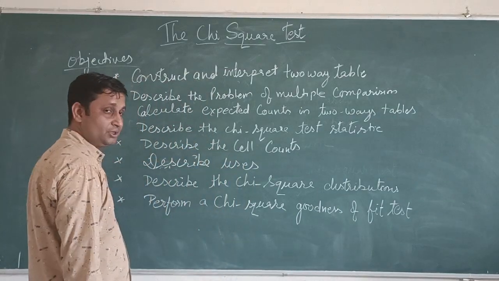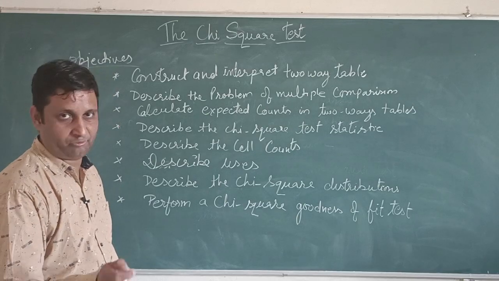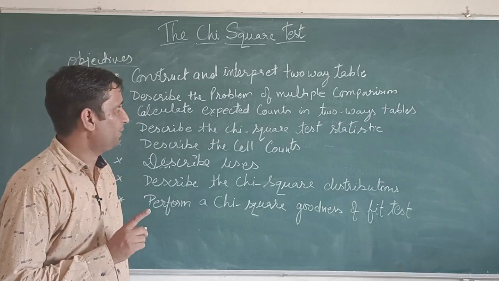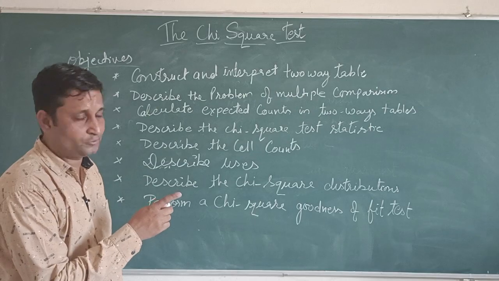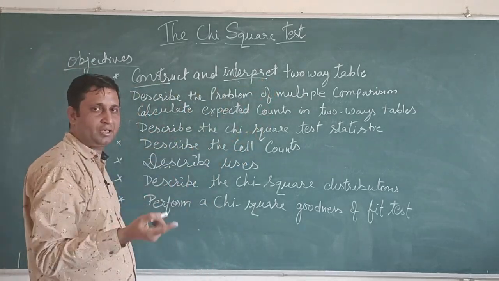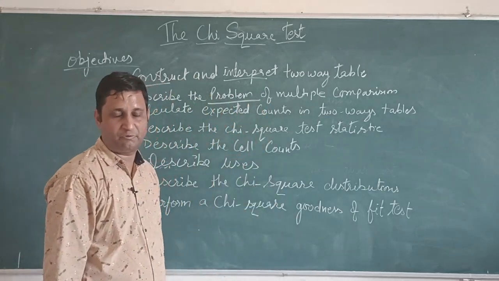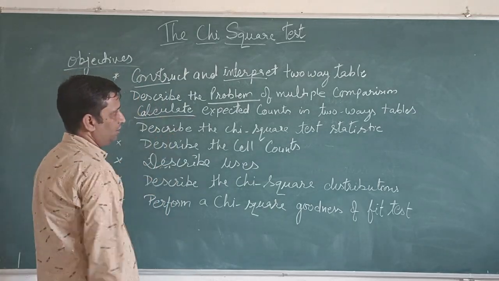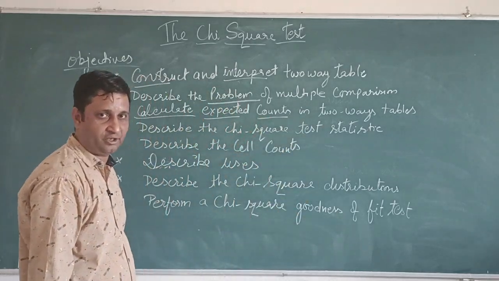These are some basic objectives which are used for our chi-square test. We will brief it again. First one is constructing and interpreting two-way tables. We will make a table in two-way form, in which we will construct and interpret. Once we make a table, after that we will describe the problem of multiple comparisons. We will face these types of problems in our table. Next is to calculate expected counts in two-way tables.